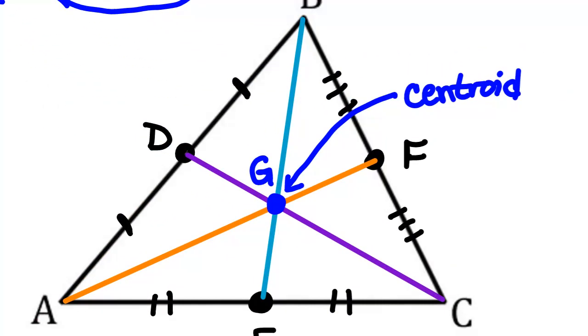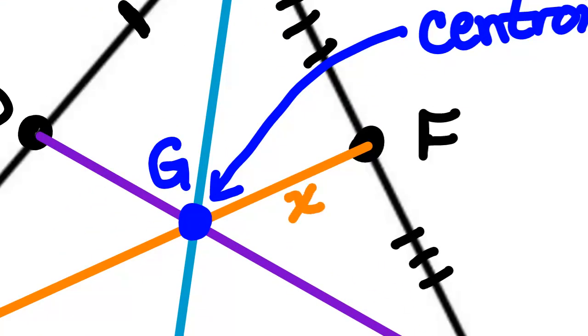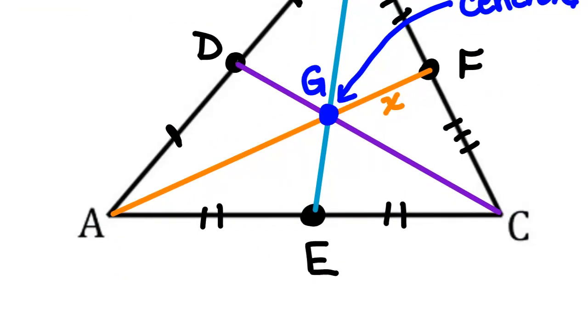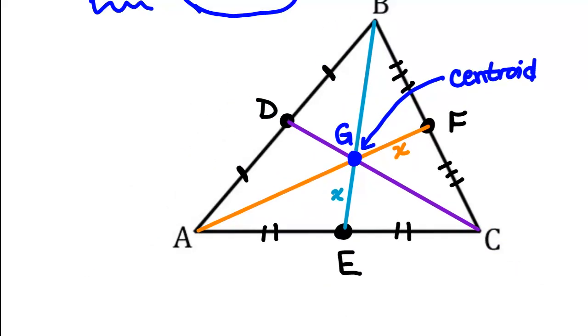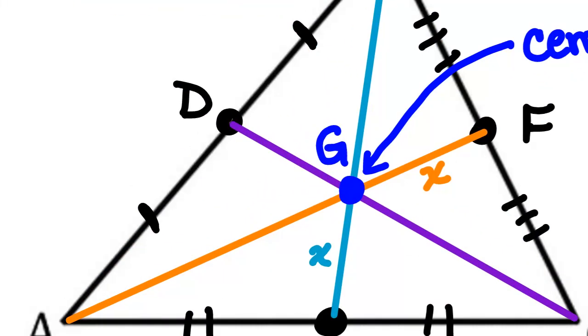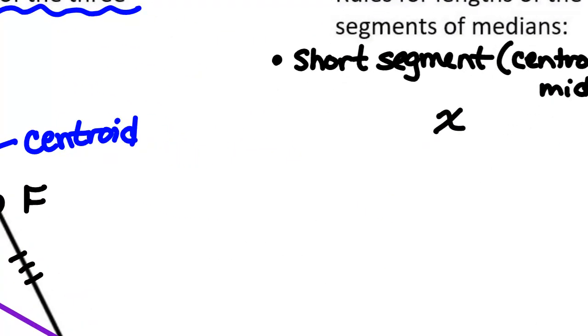From the centroid to the midpoint F, I'm going to call that length X. From the centroid to this midpoint down here at E, I'm going to call that X. From the centroid to this midpoint D, I'm going to call that length X. So the short segment we're going to say has a length of X.